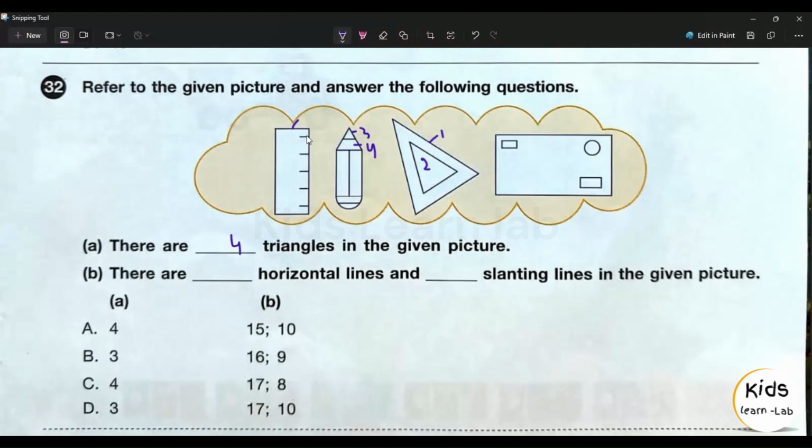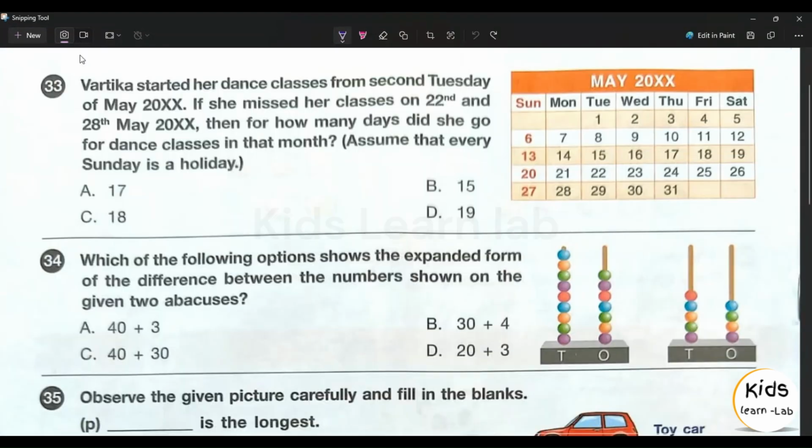There are dash horizontal lines. 17 horizontal lines are present and dash slanting lines. 1, 2, 3, 4, 5, 6, 7, 8. 8 slanting lines are present. So option C is the right answer, children.